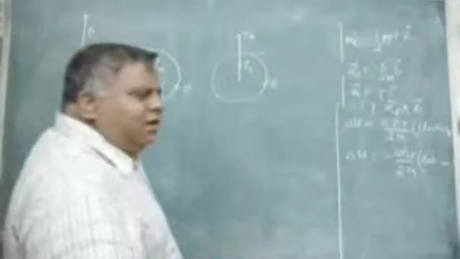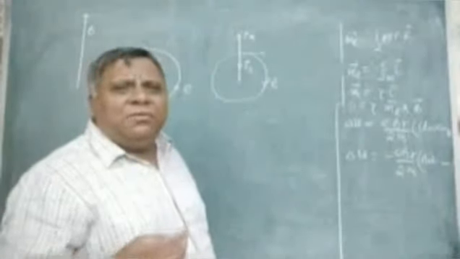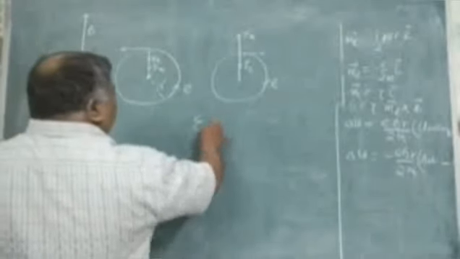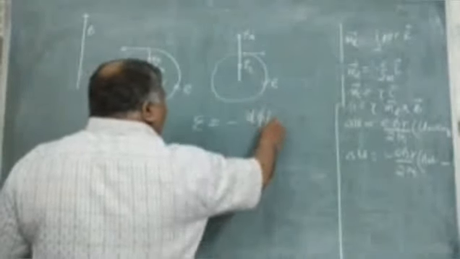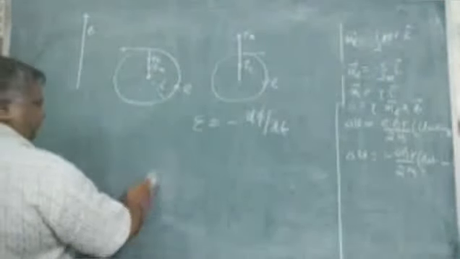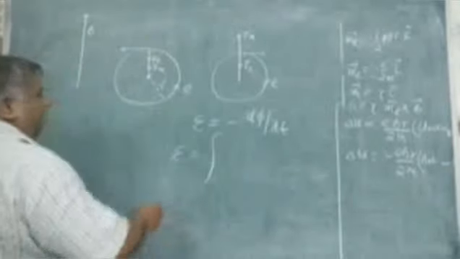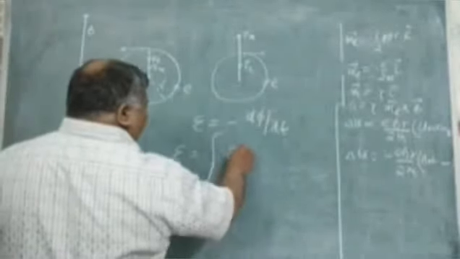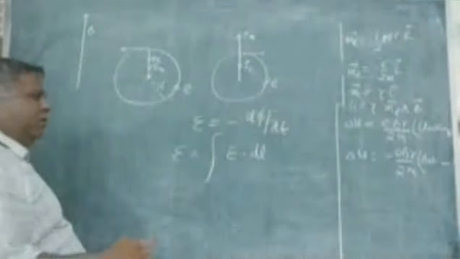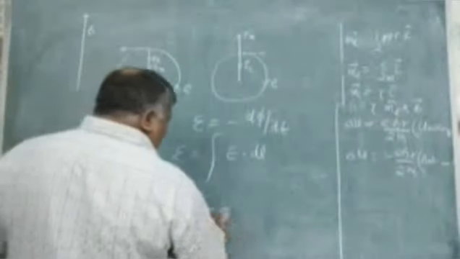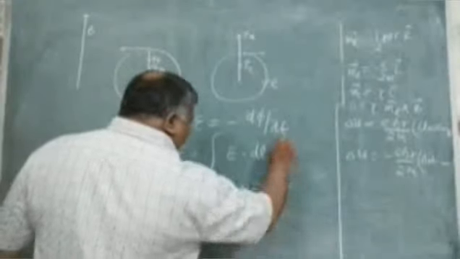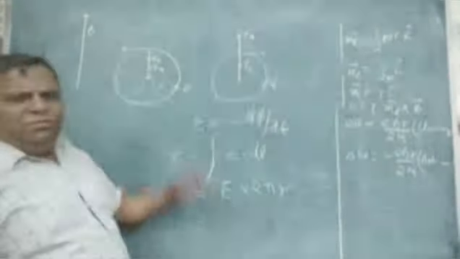Suppose initially magnetic field B is 0. We switch on the magnetic field, so we have a change in flux. So EMF is minus d phi over dt, induced EMF. This induced EMF is the line integral over this loop of electric field. Line integral of electric field over this loop is equal to E into 2 pi r, where r is the radius of this loop.